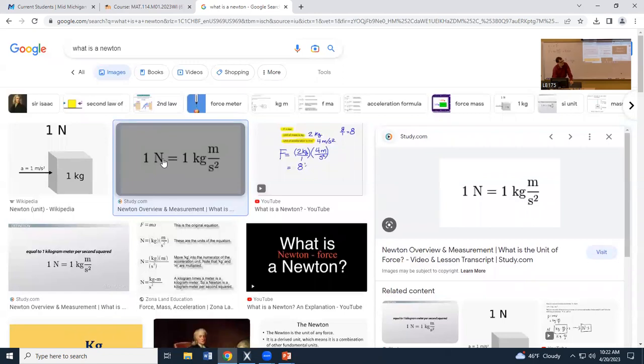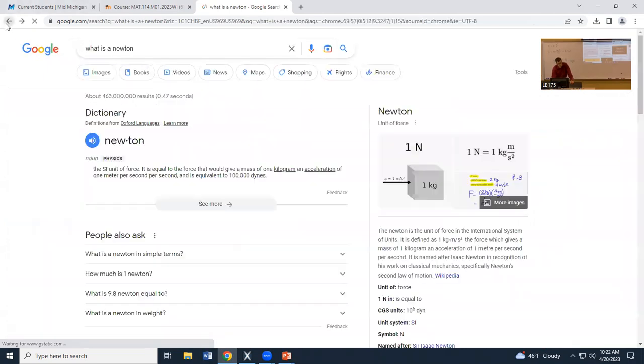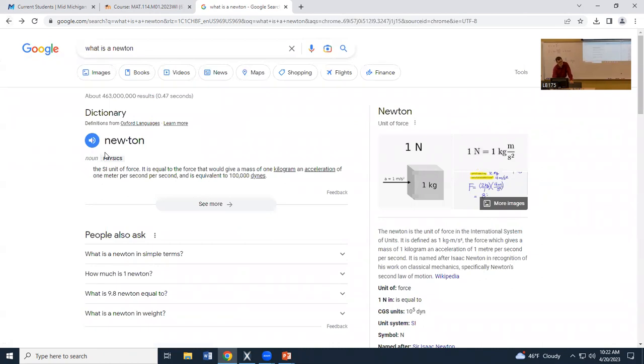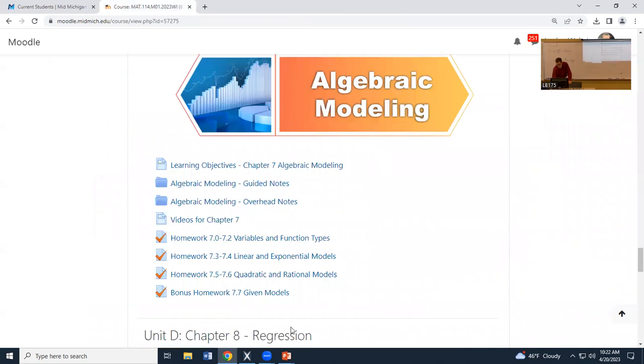A Newton is a measure of force, and it's 1 kilogram times meters per second squared. Obviously, it's a lot easier to say Newton than kilograms times meters divided by seconds squared, right? So the measurement of force that we're actually dealing with is newtons.